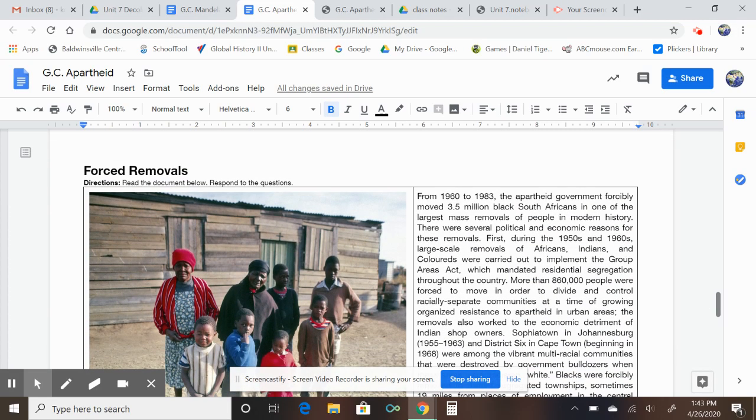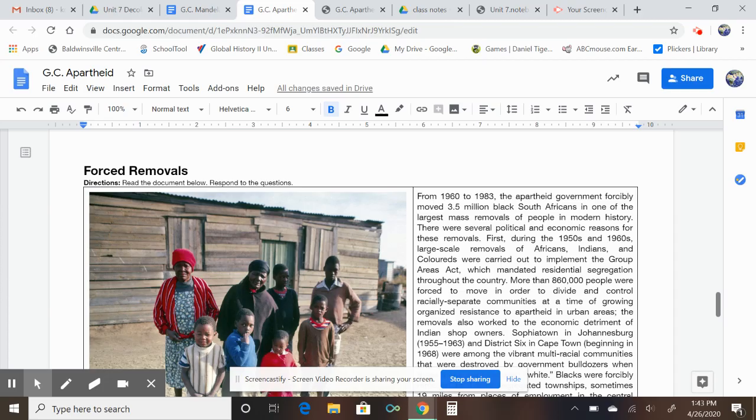Forced removals. So this is another way that the minority, the white South Africans, kept control over the much larger Black South African population. From 1960 to 1983, the apartheid government forcibly moved 3.5 million Black South Africans in one of the largest mass removals of people in modern history. There were several political and economic reasons for these removals.